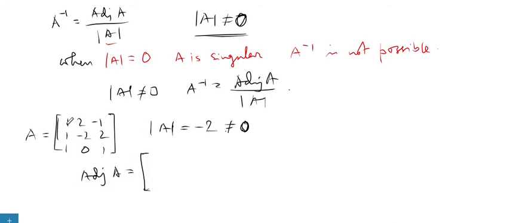Adjugate of A means replacing every element by its cofactor. So first element is 1, the cofactor of 1 is minus 2 minus 0. The second element is 2, the cofactor of 2 is 2 minus 1, that is 1. The third element is minus 1, the cofactor would be 0 minus, that means plus 2. Then the second row, the first element is 1, so minus 1 minus 2. The second element, 1 minus plus 1, so 2.